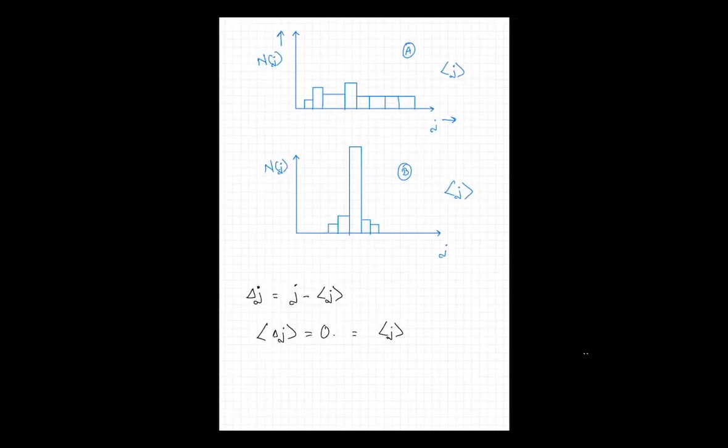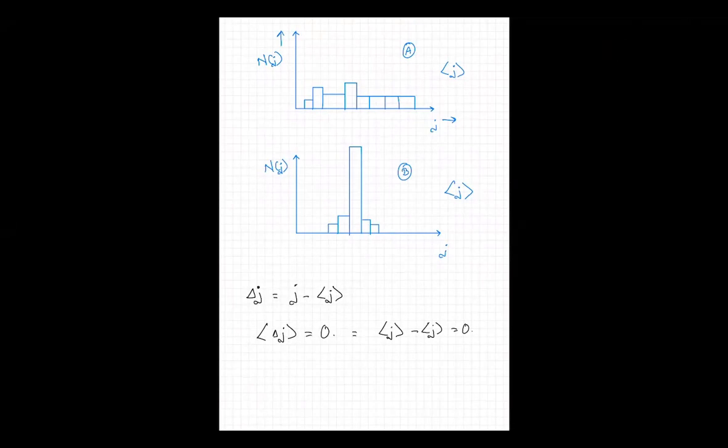Delta J, which I define as the actual age minus the average age, has an average of 0, because the average of this quantity is the average age minus the average age, which is equal to 0. So delta J, which seems reasonable to use, is actually not a very good measure to use in the theory of probability.